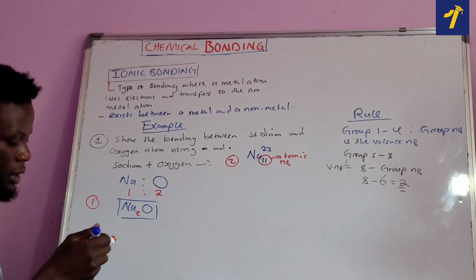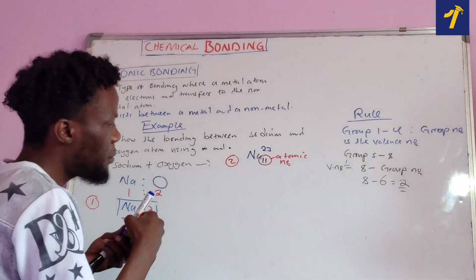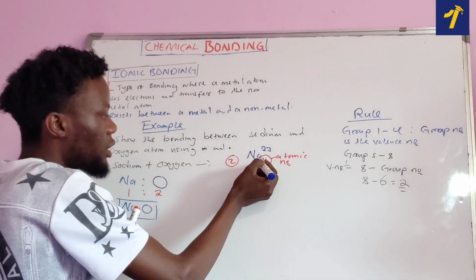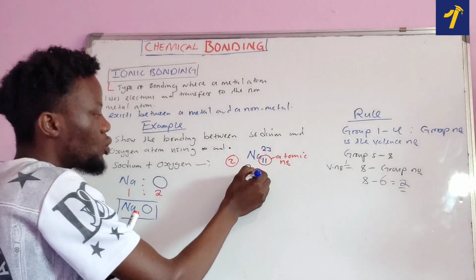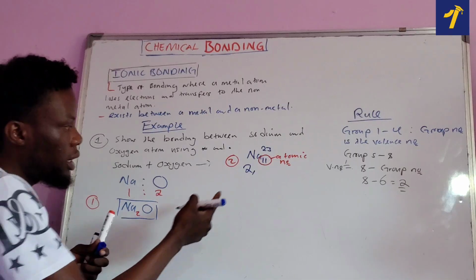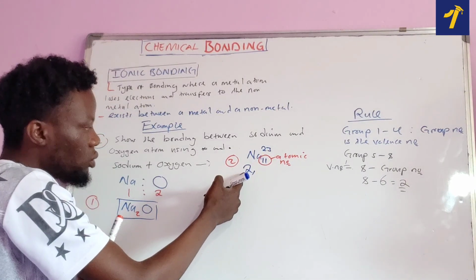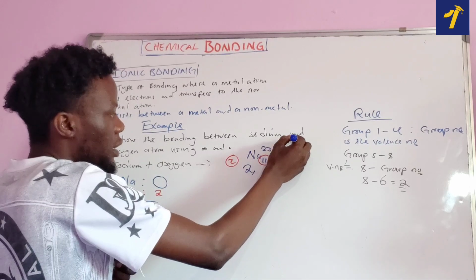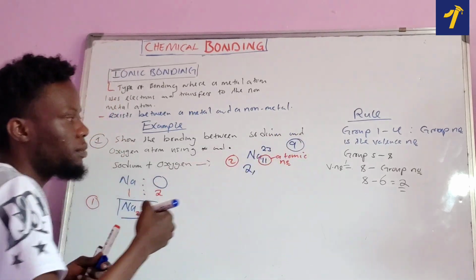So remember, for electronic configuration, in the first shell we're going to have 2. In the first shell, we always get 2. Then since from 11 we've gotten 2, what is left from 11?